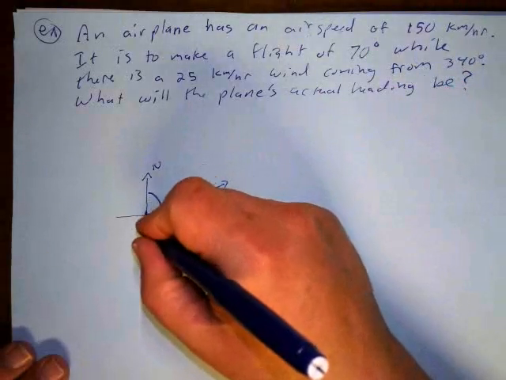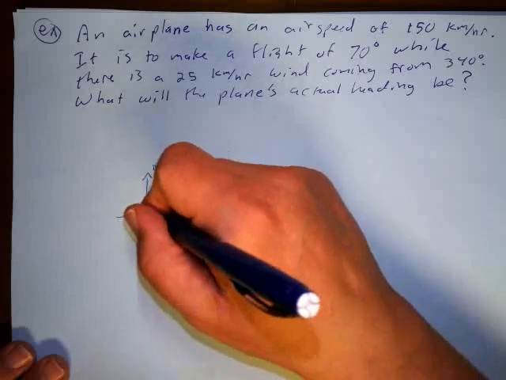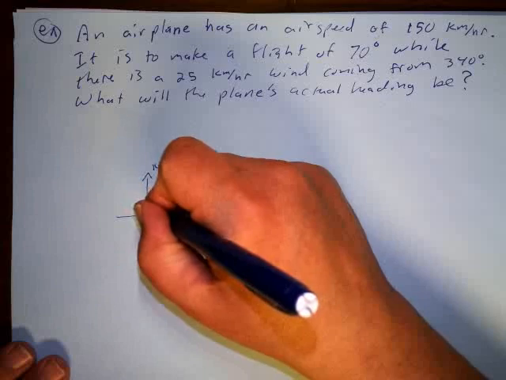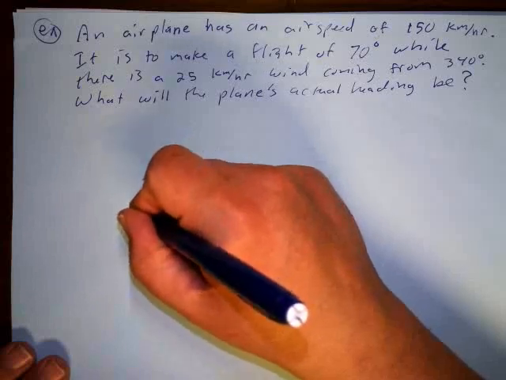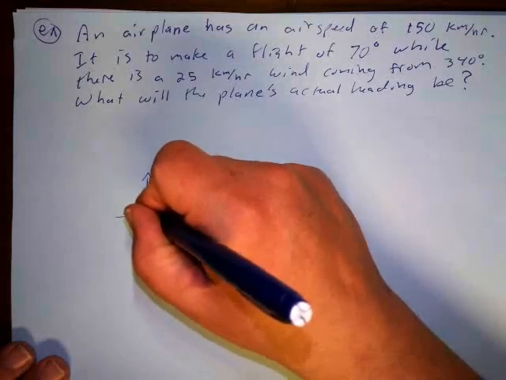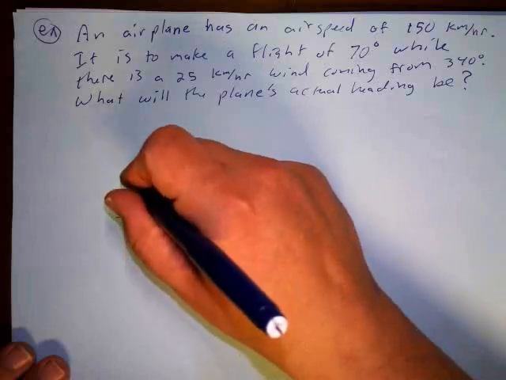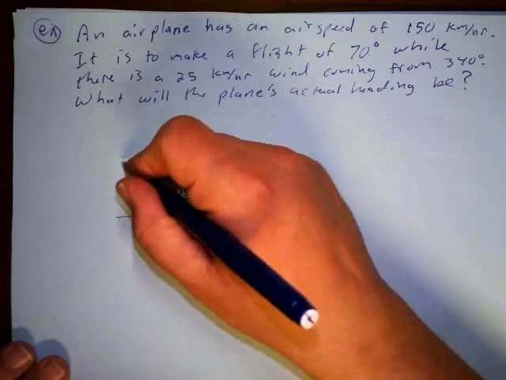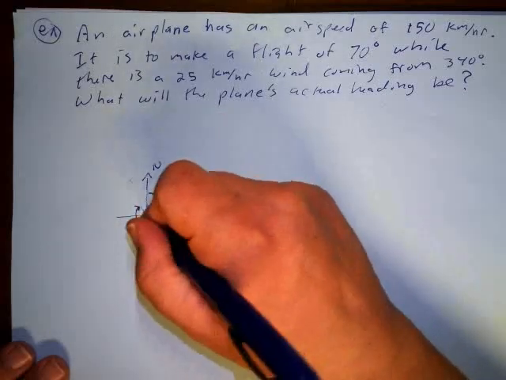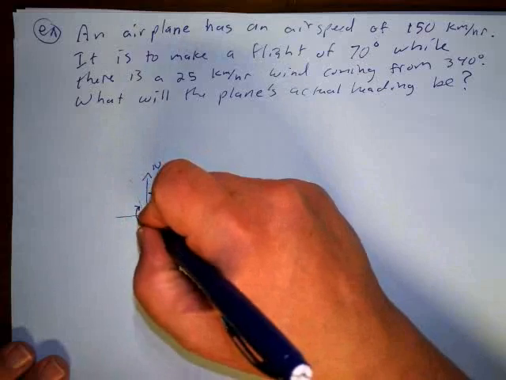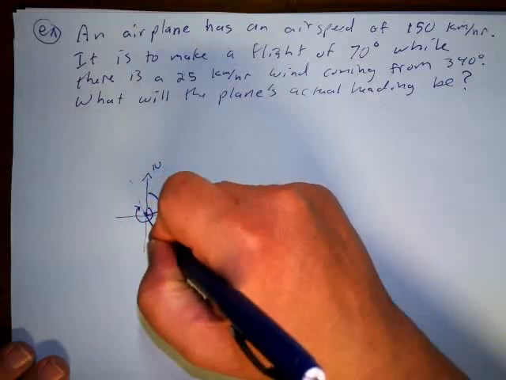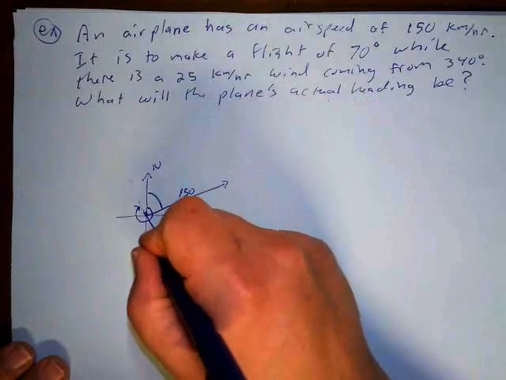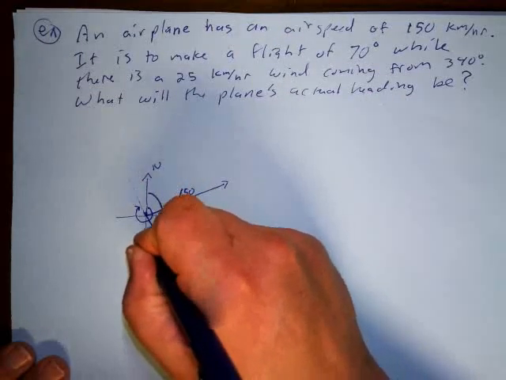I have to go around 340 degrees, so this thing's going all the way around like this, and that would be maybe 340 degrees. But it's coming from that direction. So really, it's going to go in the opposite direction, like this, and that'll be at 25 kilometers per hour.